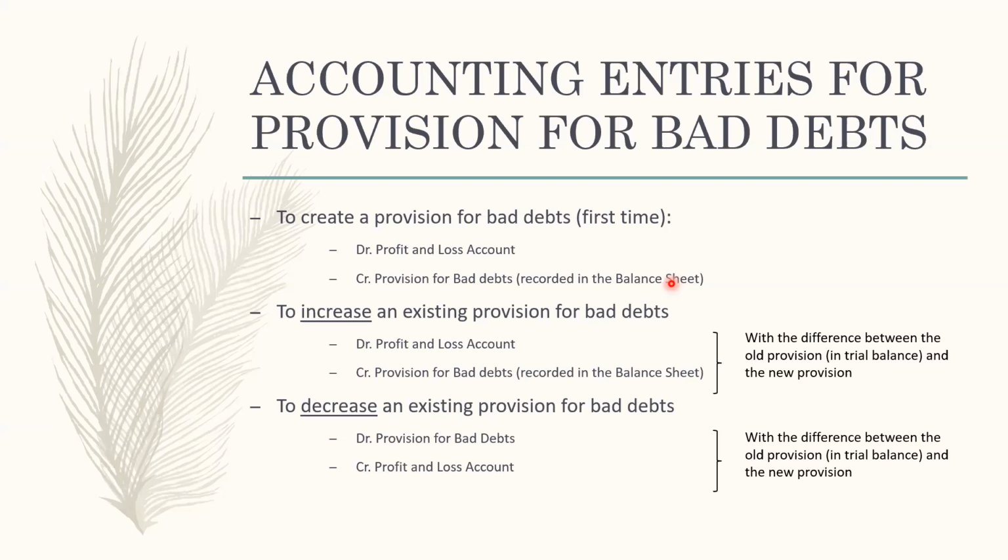And you see this little note that I put here for you guys? We are going to find the difference between the old provision, which will be in the trial balance, and the new provision.